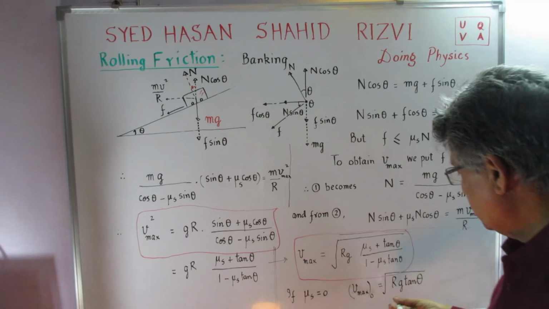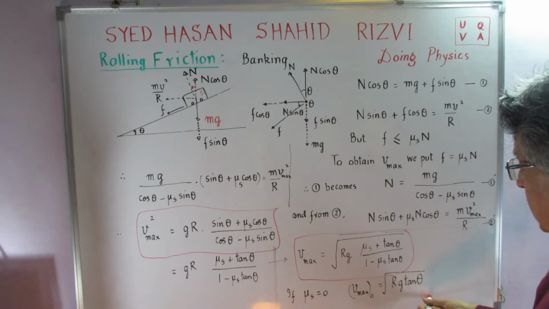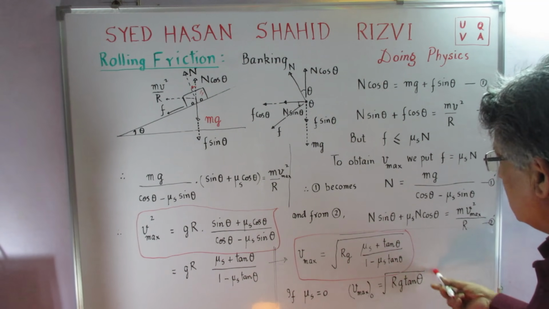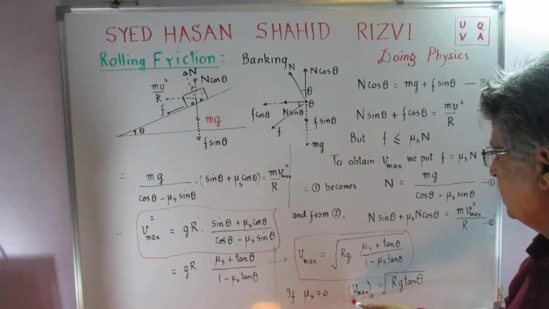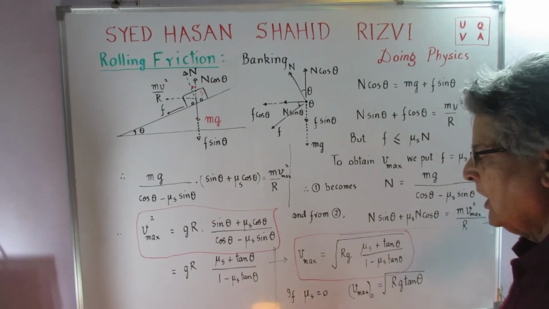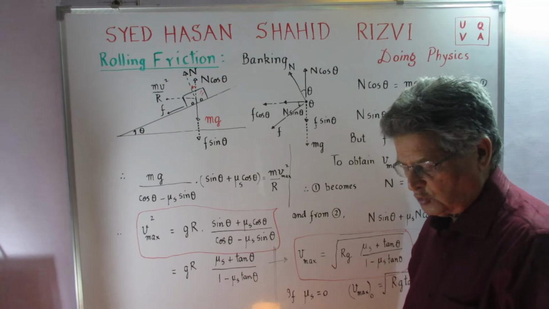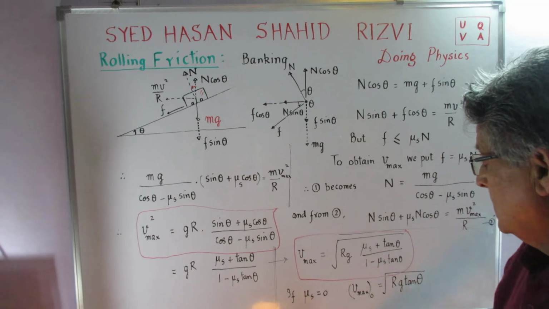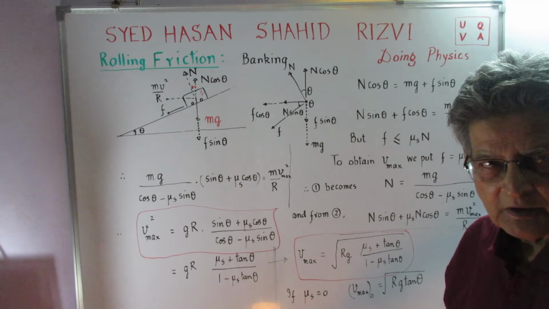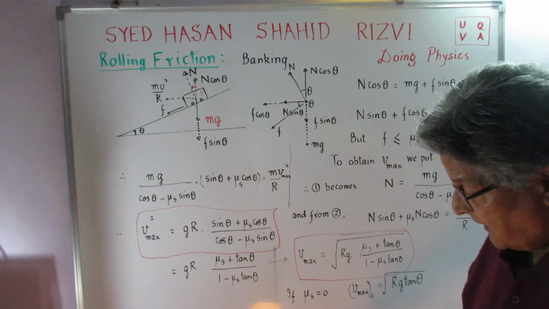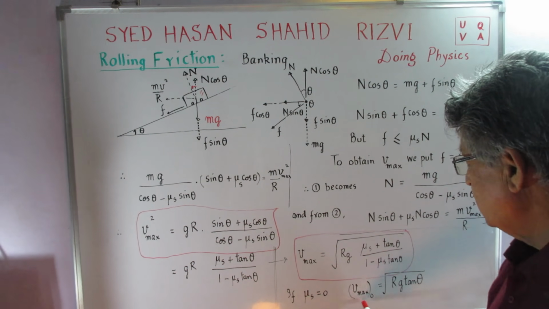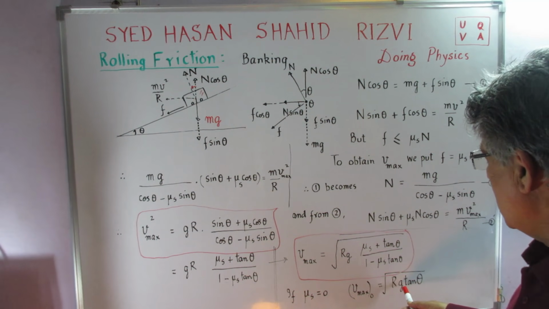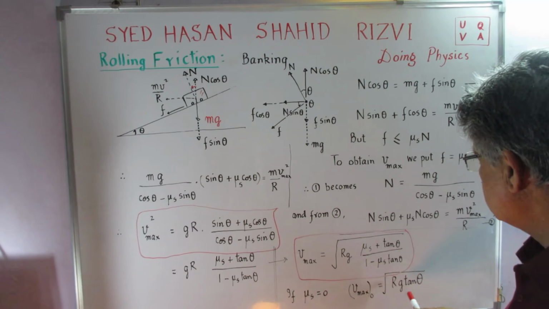For example, here also you can see, because g is a constant, for a given theta, tan theta is also a constant. So again this V maximum is proportional to under root of R. So if R is more, then curvature is less, and V maximum is given by under root of g tan theta, which is constant.